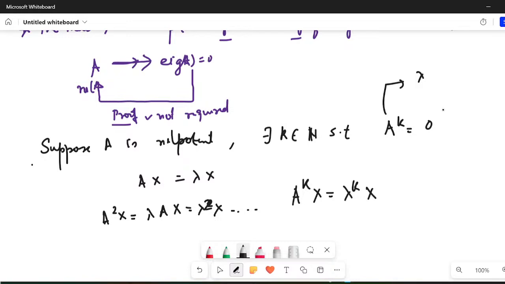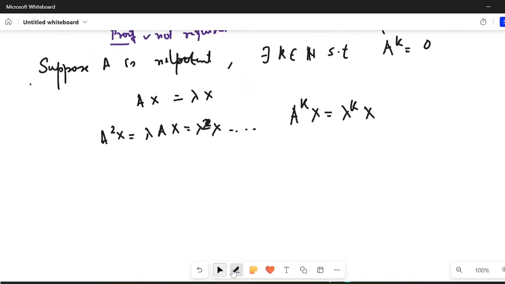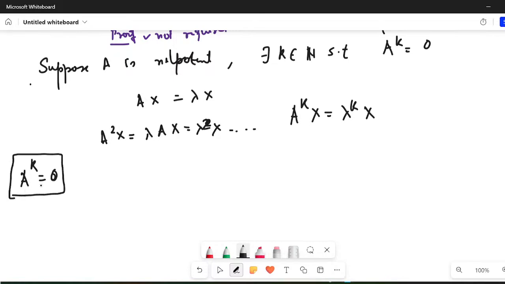Okay, I hope it is clear. Now, as I have told you, if A is a nilpotent matrix with order of nilpotency k, that implies A^k would be a null matrix.